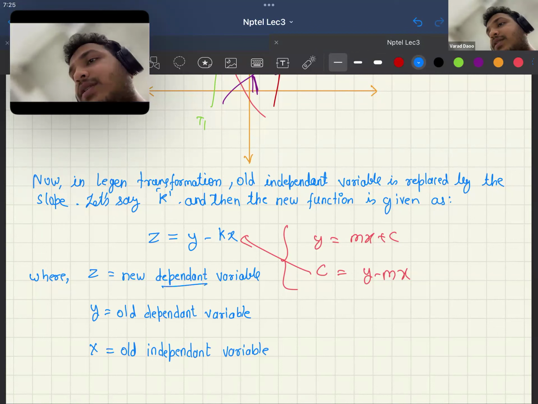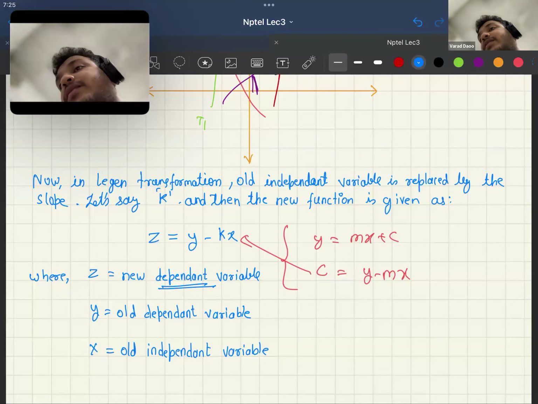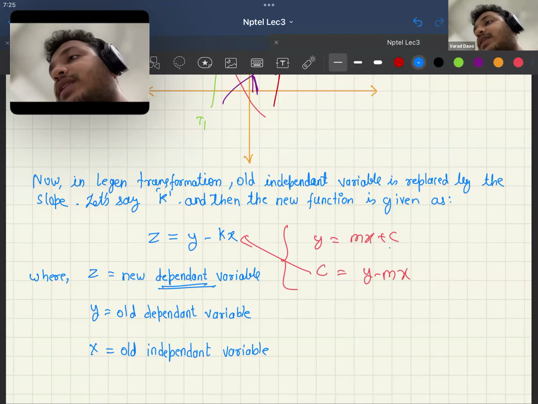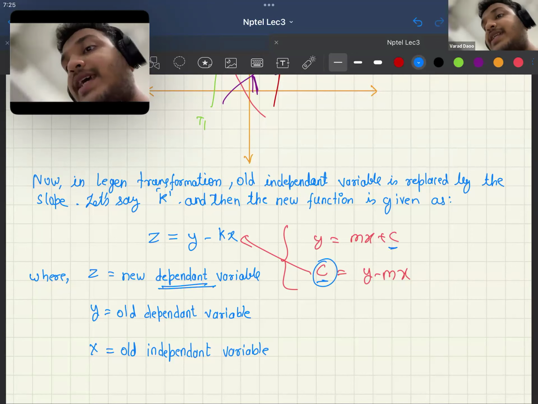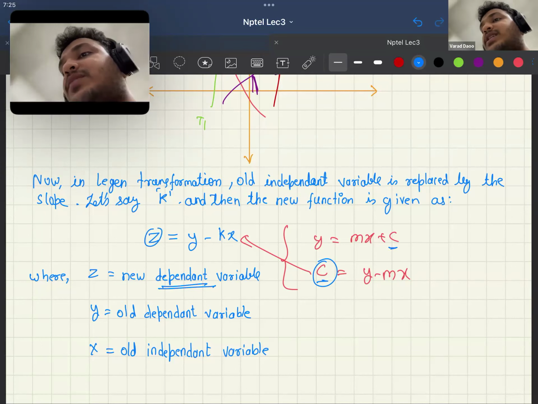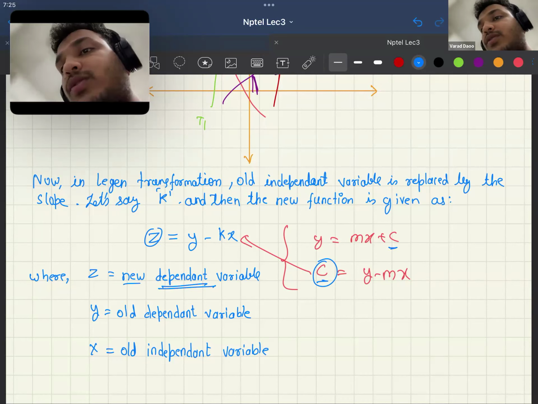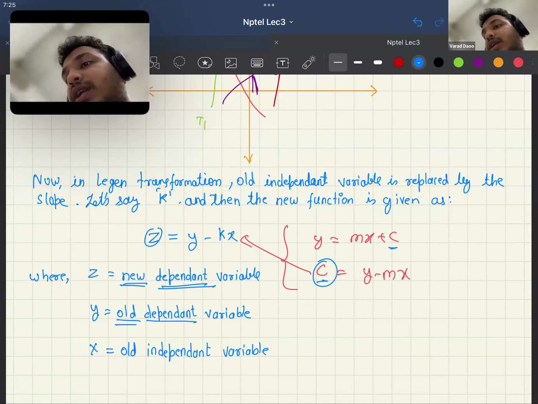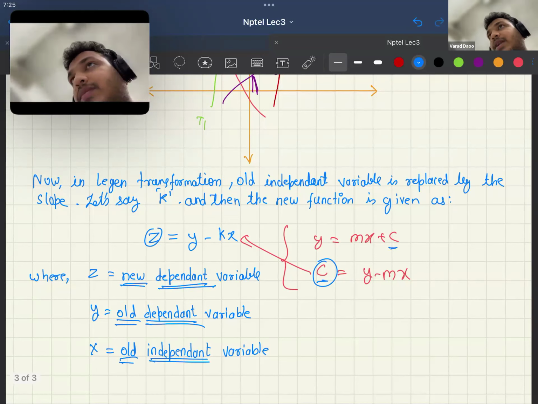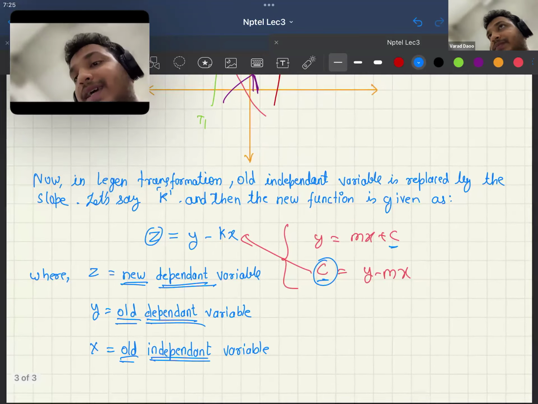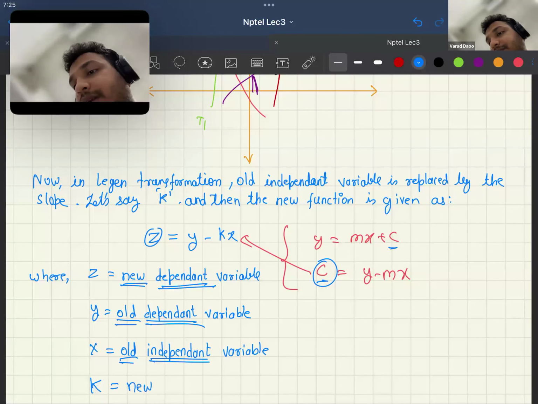Remember, x is independent. In our earlier expression, c was a constant, but now we want to find c, so c, or z, becomes a variable and hence the new dependent variable. y is the old dependent variable, x is the old independent variable, and k now becomes the new independent variable.